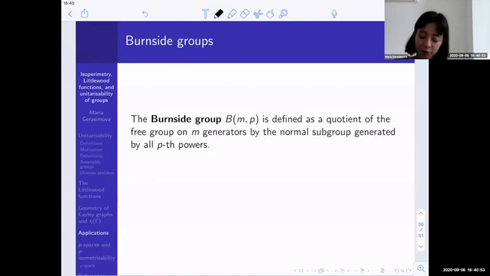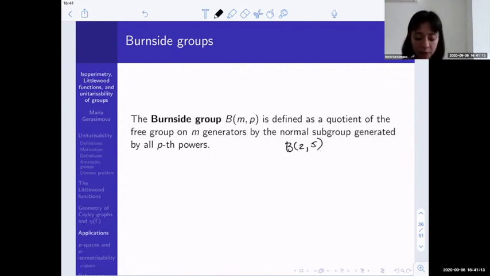And I should say that these groups are also very complicated, because, for example, if you take 2 generators and you choose the exponent to be equal to 5, it is not clear if this group is finite or infinite. But it's known for a big power.